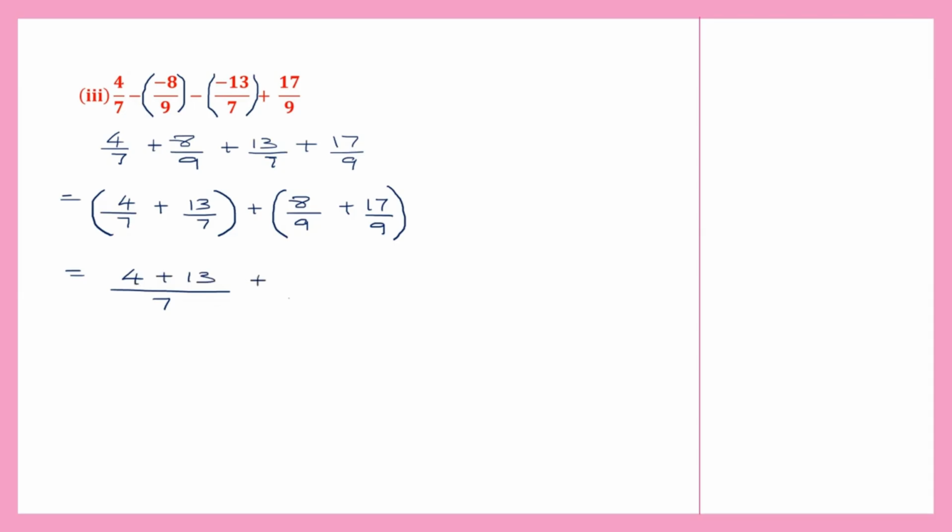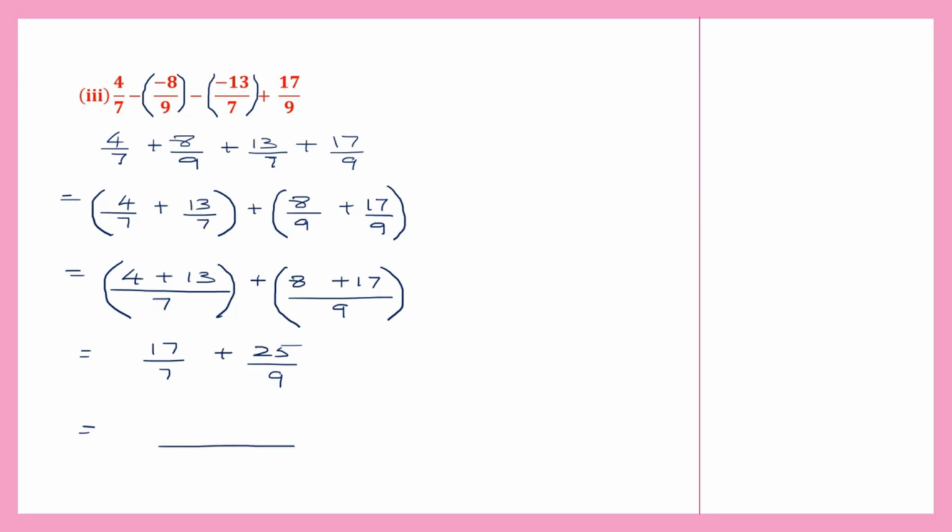Now here we have 9. Here also numerators remain the same, 8 plus 17. Now let's simplify. 4 plus 13 is 17. 17 by 7 plus 8 plus 17 is 25, 25 by 9.